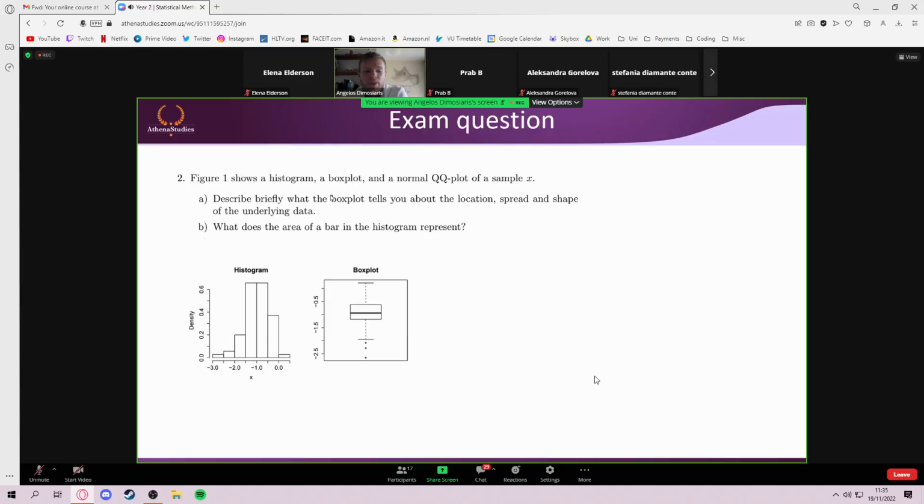Describe briefly what the box plot tells you about the location, spread, and shape of the underlying data, and what does the area of the bar in the histogram represent? Let's begin with the second. What does the area of the bar in the histogram represent? Do you remember?